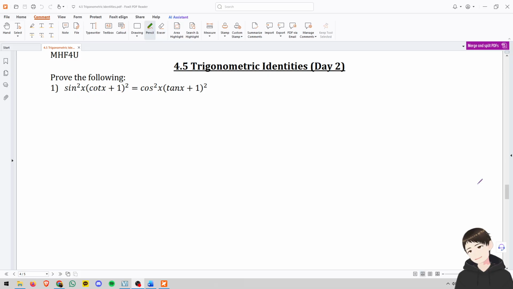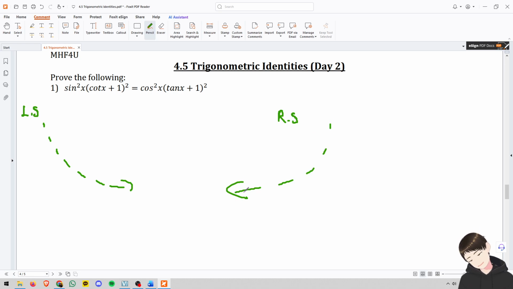I've got some harder examples for you, but the approach is still going to be the same. You are allowed to simplify the left side and right side simultaneously in hopes that you will bring the two closer and closer towards each other.